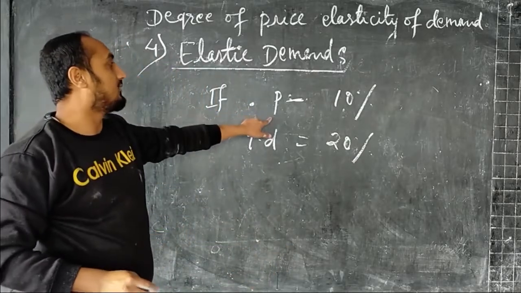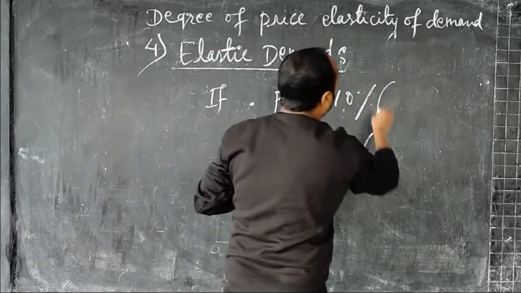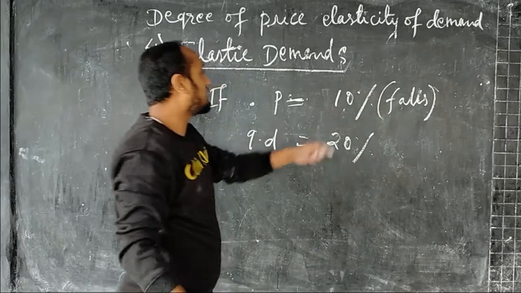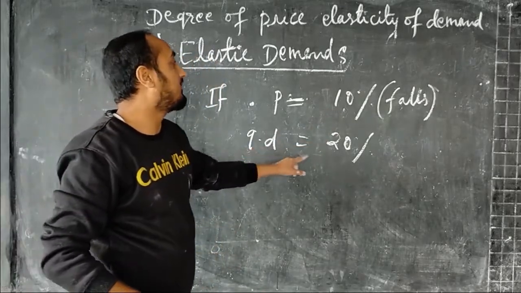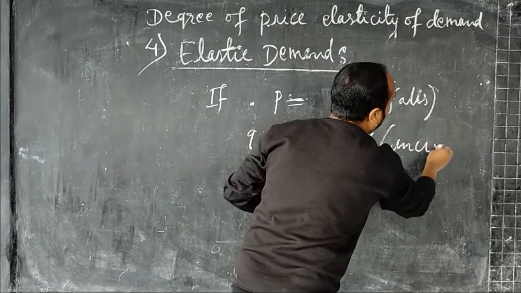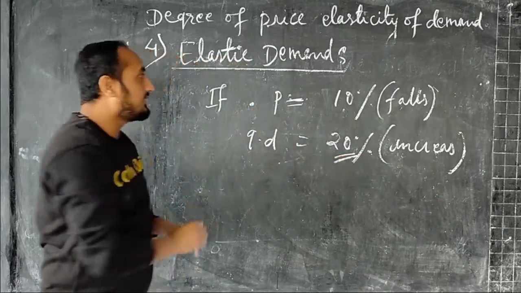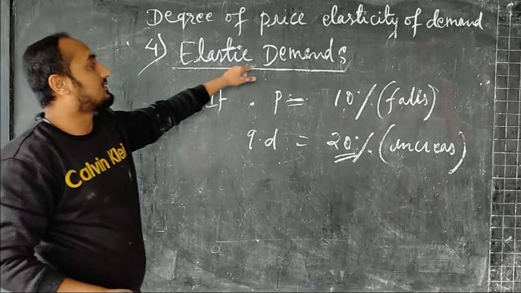If the price of a commodity, suppose, falls by 10%, and due to that, if the quantity demanded of the commodity increases by 20%, then that concept is known as elastic demand.